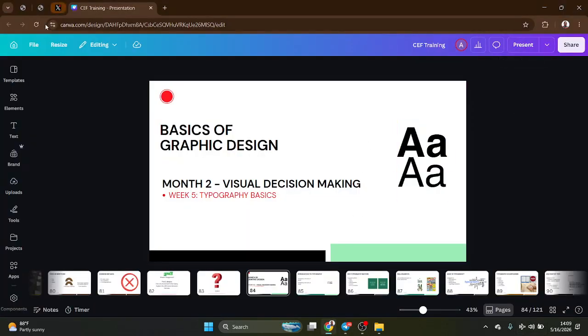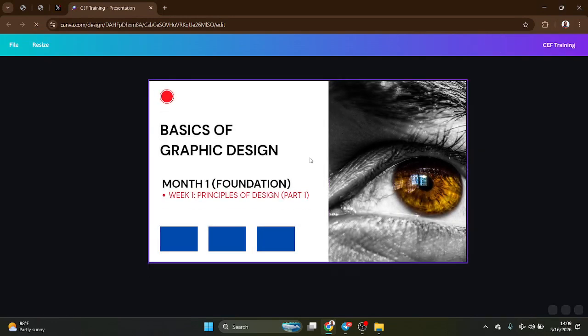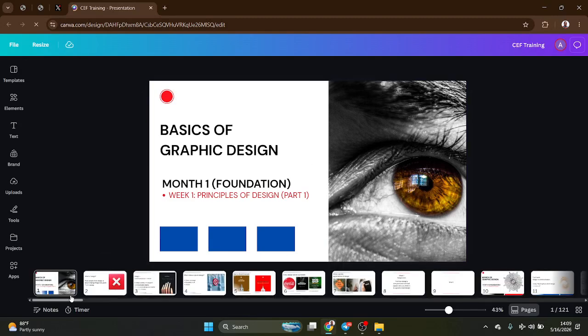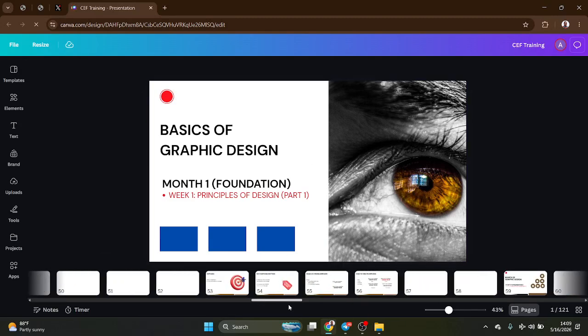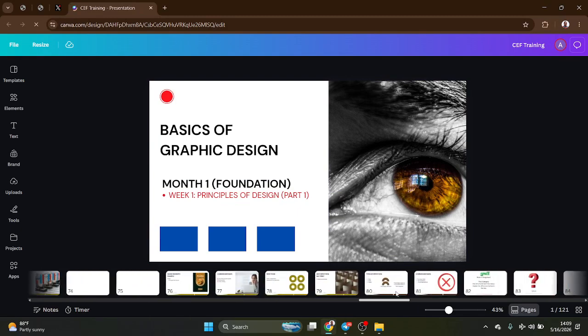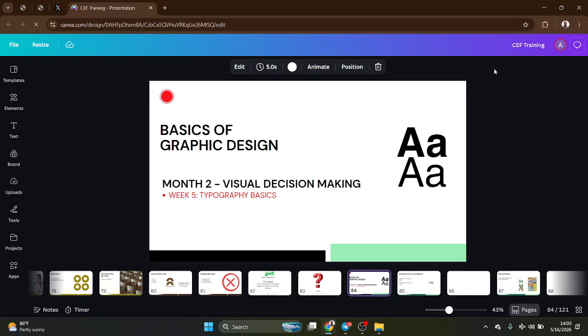So for this week, we'll be looking at visual decision making. Throughout this month, we'll be looking at visual decision making, and this is week 5.